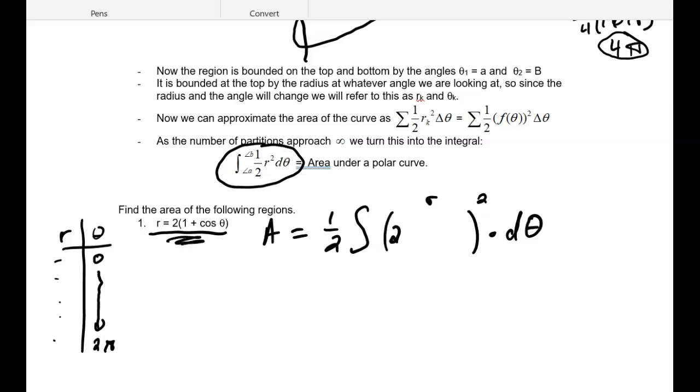It's the original equation: 1 plus cosine of theta doubled. So this is our r squared, so we have 1/2 r squared, and our change in theta just has to go from 0 to 2 pi. That's the integral that we would set up.